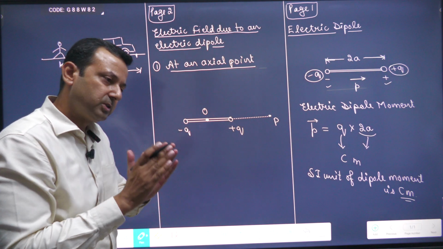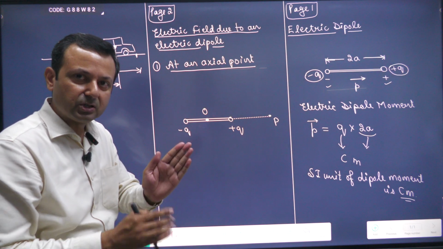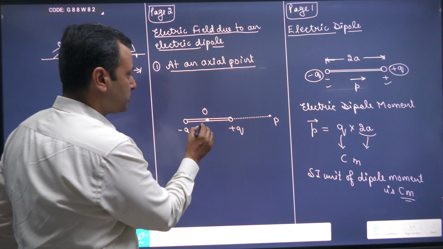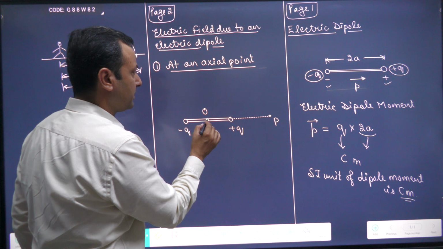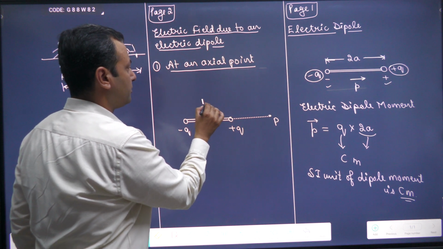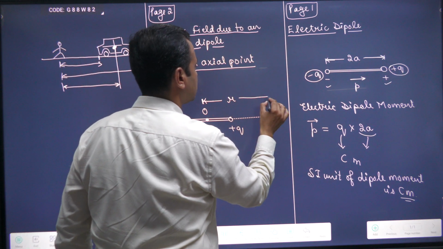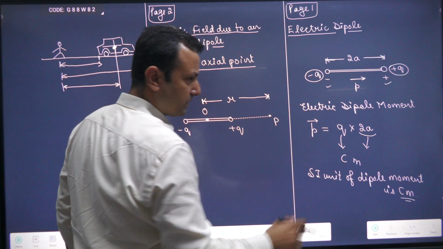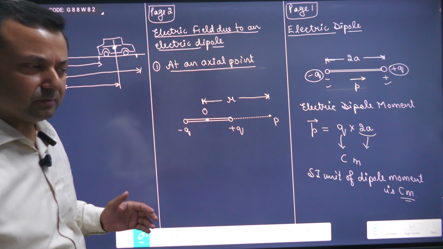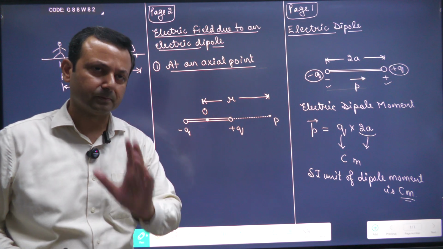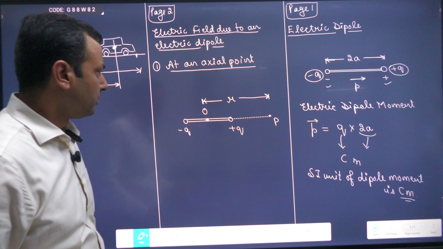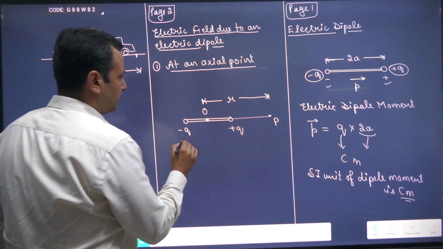Generally speaking, we take the distance from the center of the dipole. So we have taken the center as O, and from here we take the distance as R. This is the standard notation for measuring distance in physics. All right. Now, what will we do?